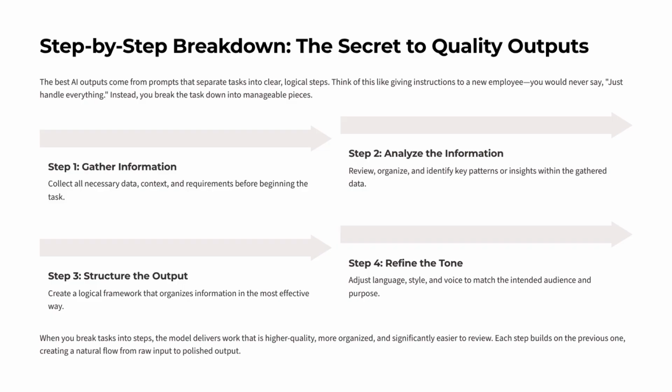Step 2, analyze the information. Step 3, structure the output. Step 4, refine the tone. When you separate your tasks like this, the model produces work that is cleaner, more organized, and significantly easier to review. Each step builds on the previous one, creating a natural flow from raw input to polished output.